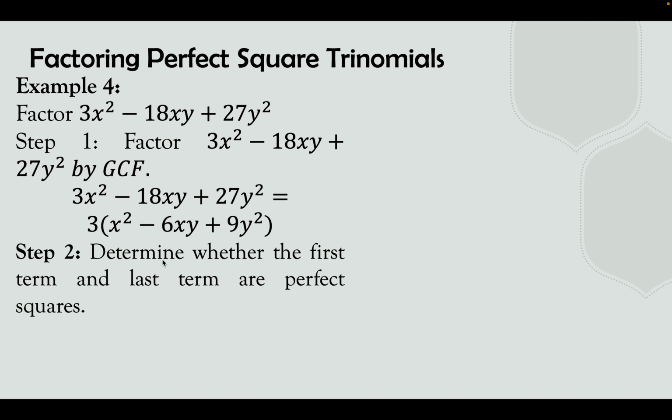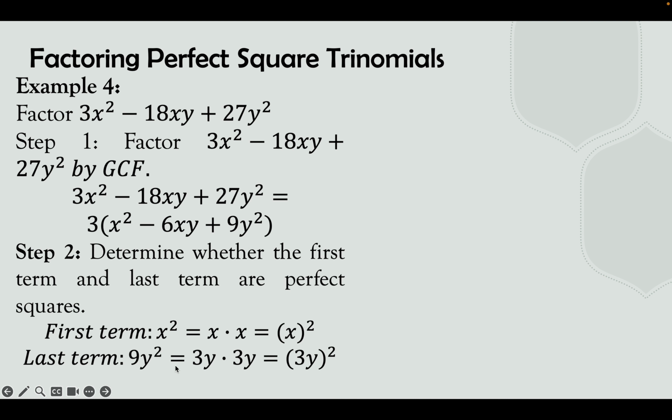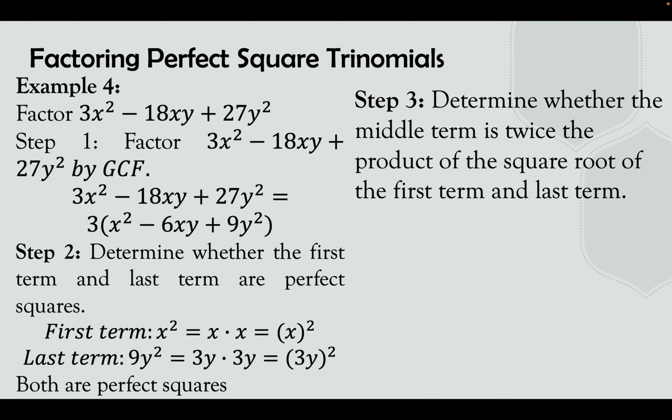So determine whether the first term, x squared, and the last term, 9y squared, are perfect squares. The square root of x squared is x times x, which we can change into exponential form, x raised to 2. While for the last term, the square root of 9 is 3, and the square root of y squared is y. So we have 3y times 3y, which we can change into exponential form, 3y raised to 2. That means both of them are perfect squares.